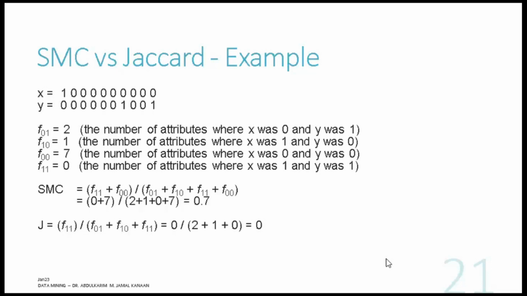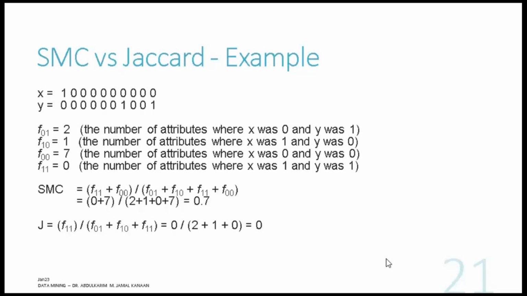In order to do this, we substitute into our equation. F11 means the number of attributes where X was 1 and Y was 1. Never. They never have matches of 1-1.